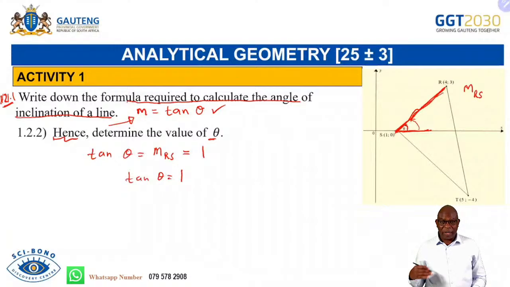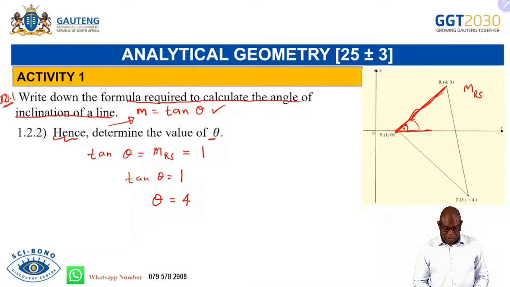You go to your calculator. Now you love your calculators. Press shift or second function tan, and you press 1. The value that you get there will be the angle.